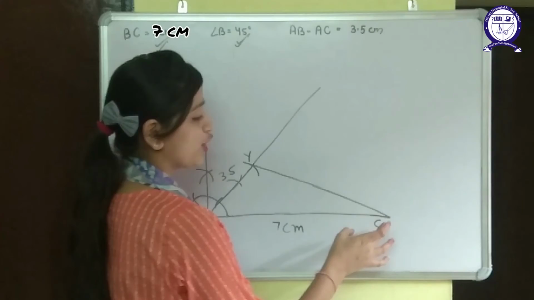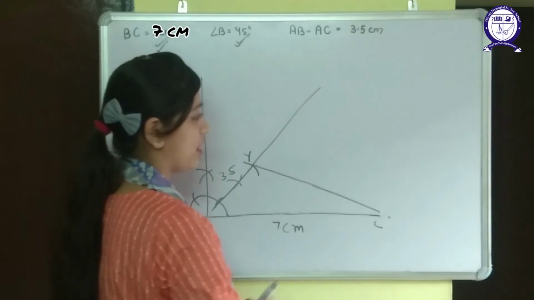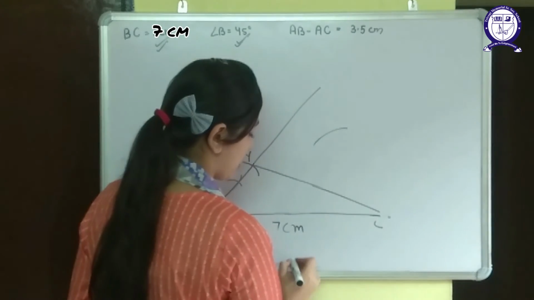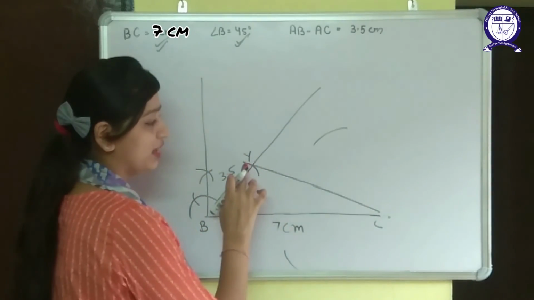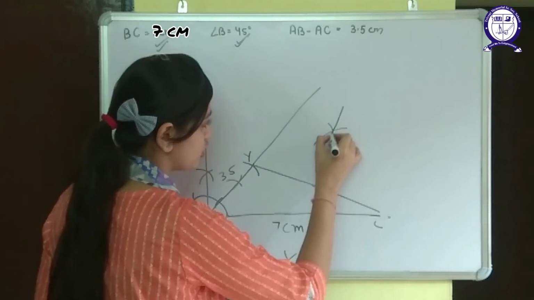Put your compass at C, open it more than half and make arcs here and here. Similarly from Y, we will make 2 arcs and then join them.